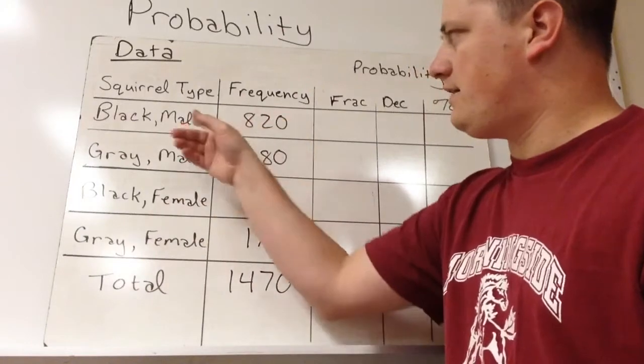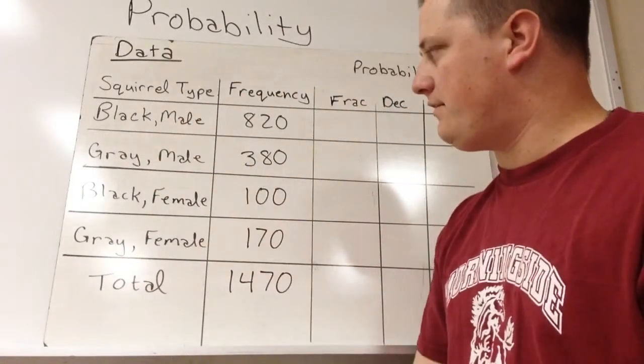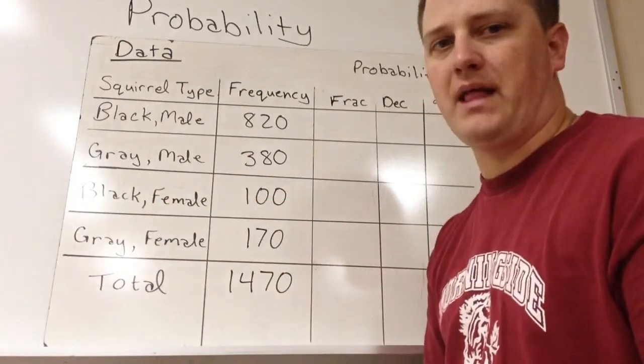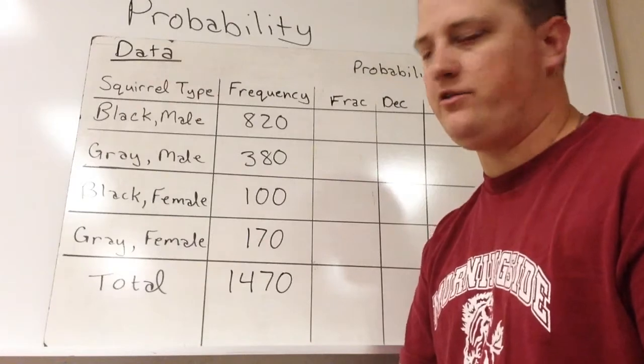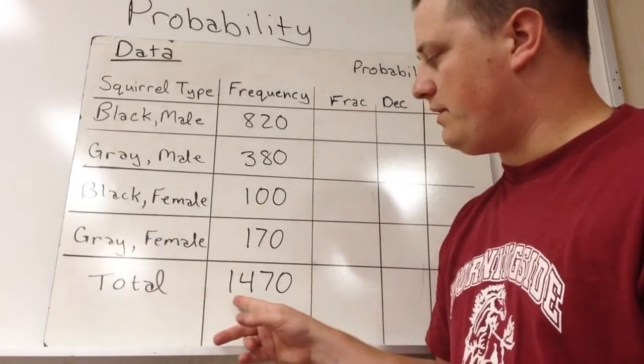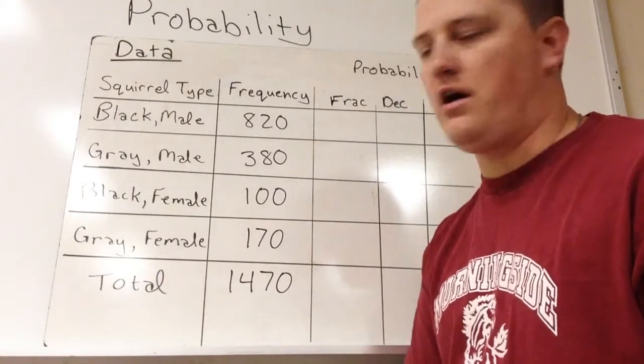So 820 were black males, 380 were gray males, 100 black females, and 170 gray females, giving us a total of 1,470 total squirrels that they saw.